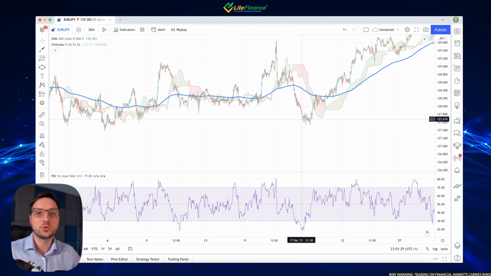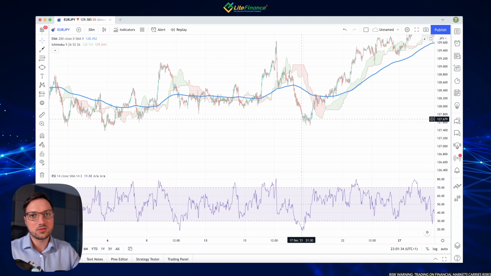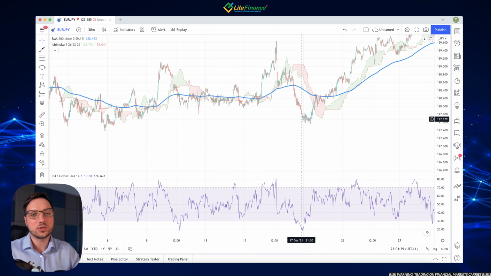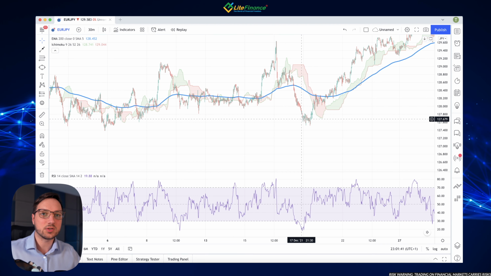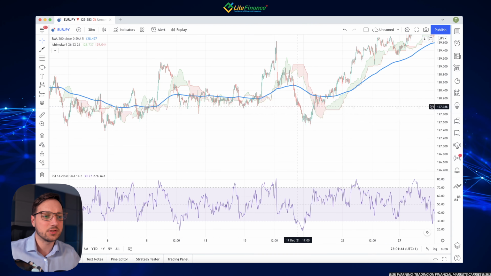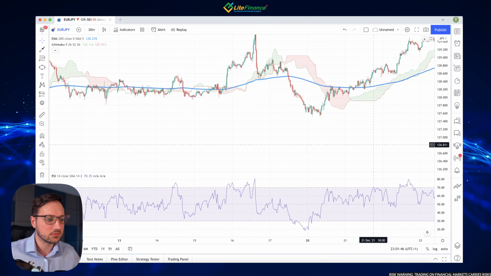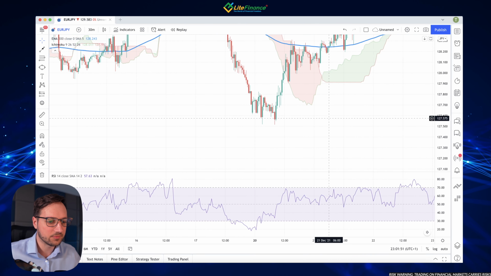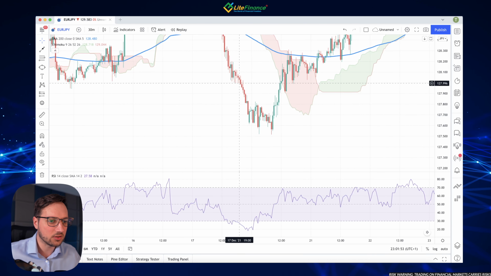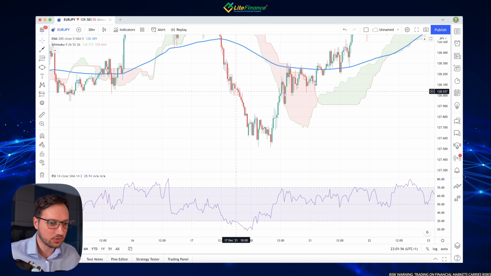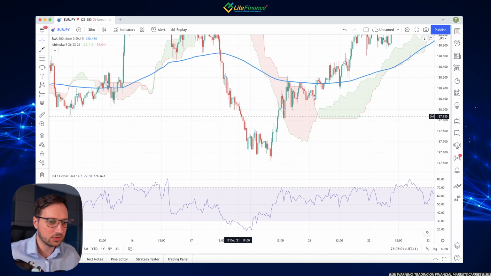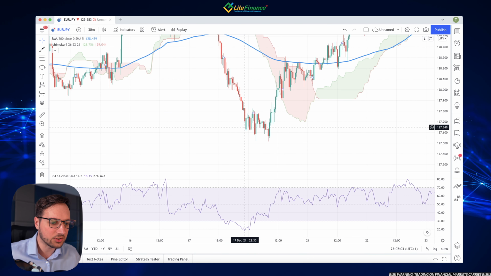So divergence could help us determine the moments when, for example, we get the signal to enter in the direction of the trend, and we could consider not taking this trade, because it would be a negative yielding trade, because in a moment the price could reverse. So for example, like we got over here, maybe not here because the signal was over here, so most likely it would still be a profitable one, but the divergence we had over here.